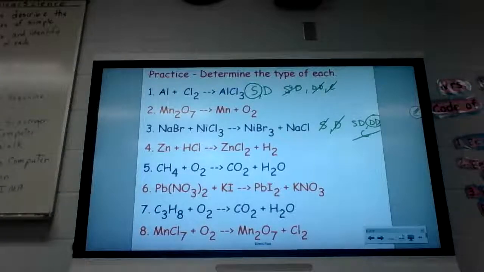It says CO2 plus water. Number 6. Double displacement. 2 compounds on both sides. Number 7. Combustion. It's got CO2 plus water. And number 8. Single displacement. There's two plus signs, and you got an element plus compound.